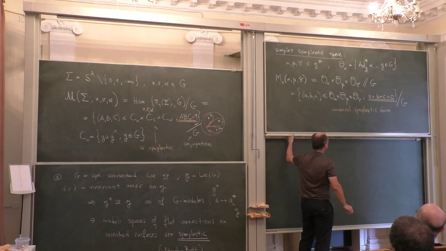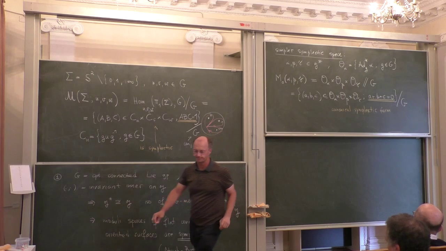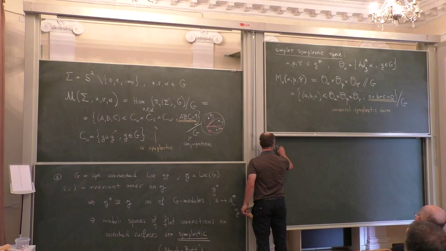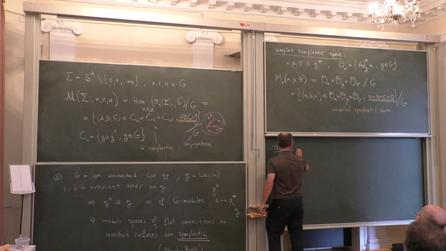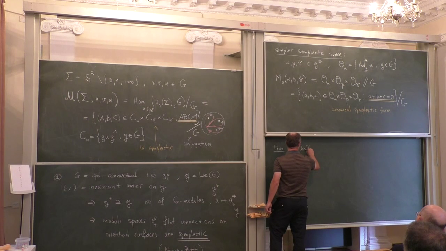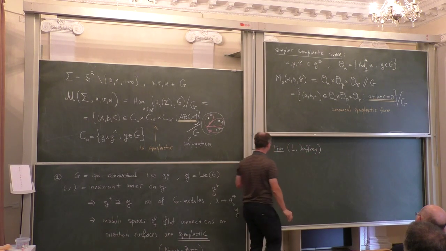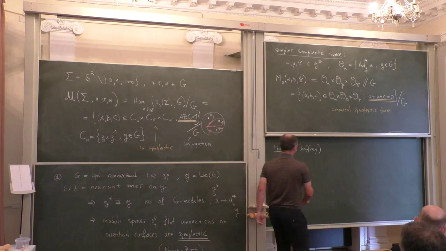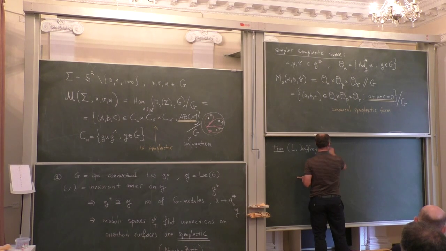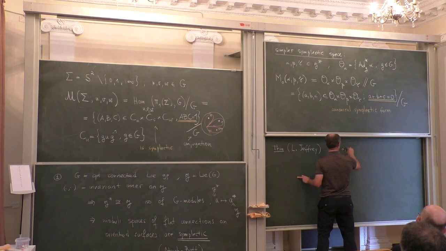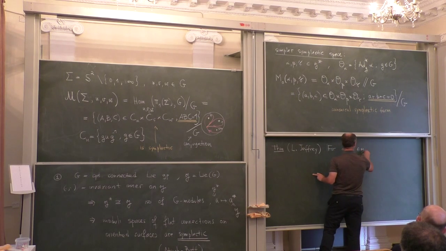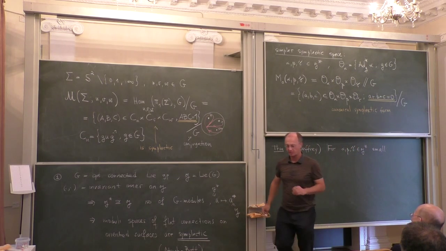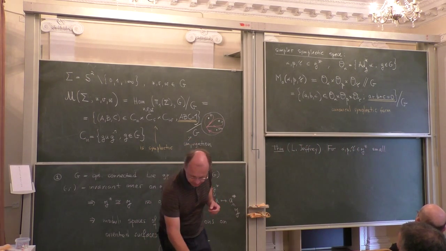Let me cite a theorem which relates these two spaces. So the theorem due to Lisa Jeffrey says the following. So alpha, beta, gamma small, whatever it means, because we don't need to make it too precise.